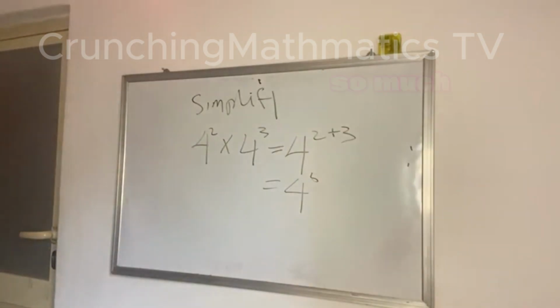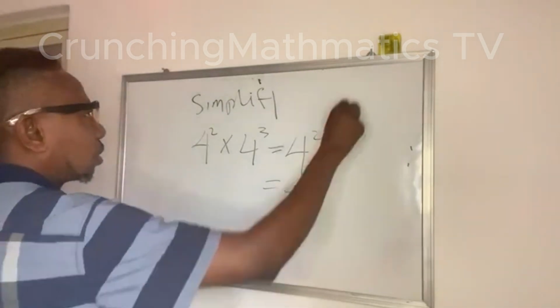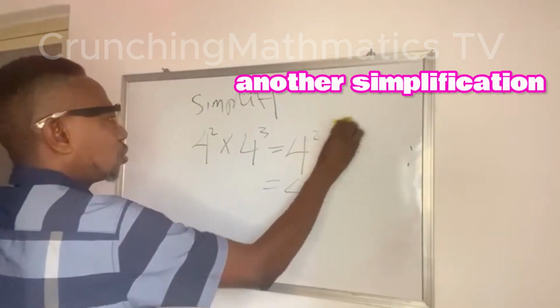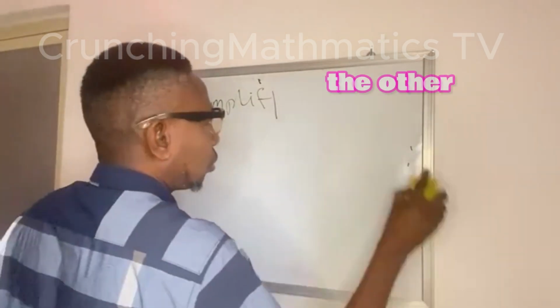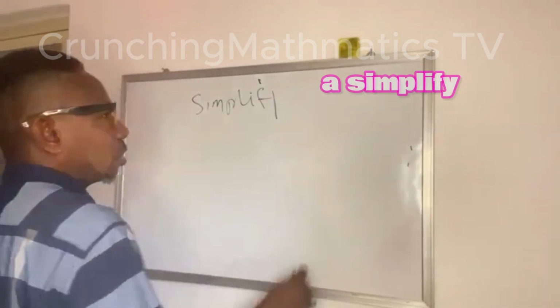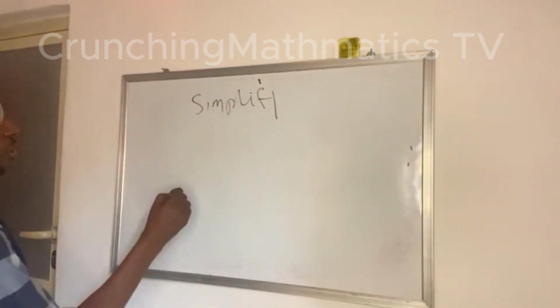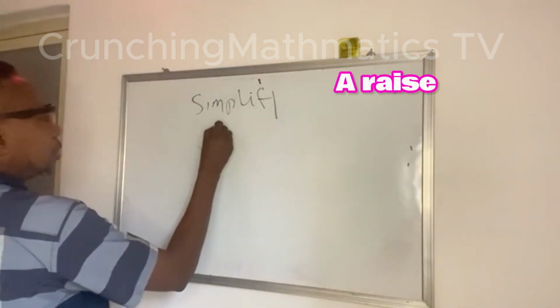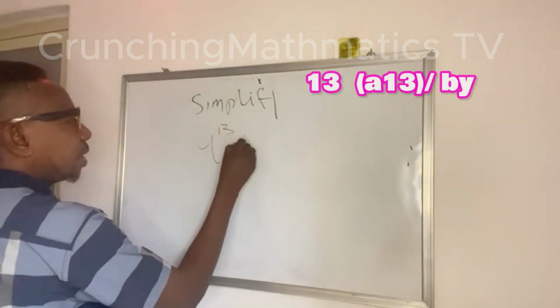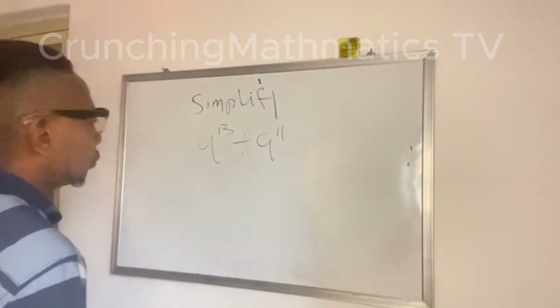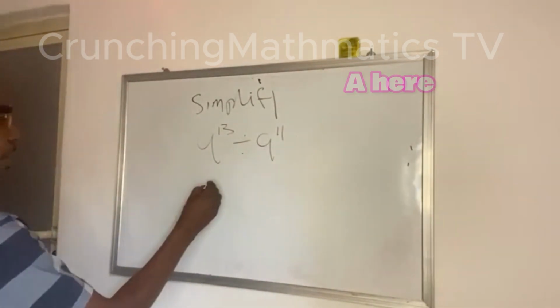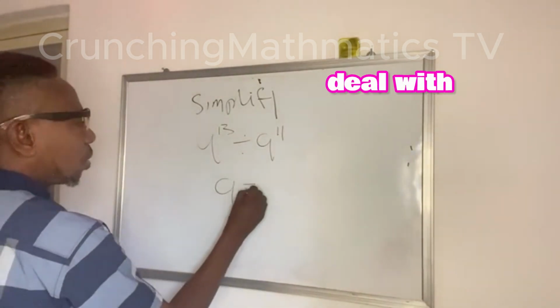I think that's not so much. And we had another simplification. There are 2 assignments, and the other one is: simplify a raised to power 13 divided by a raised to power 11. Now we have a whole unit of a here, and we deal with the exponents again.